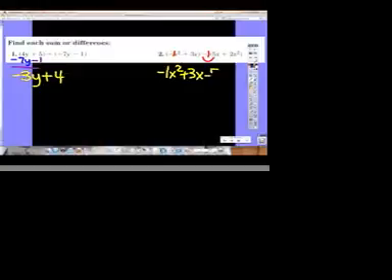I take this negative 1, distribute it to the 2x squared. What's that going to do to my 2x squared? Make it a negative. So all it really does, guys, is change our signs. All right. Is there something we can combine with this negative 1x squared? Yeah.